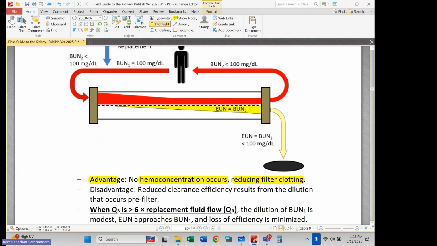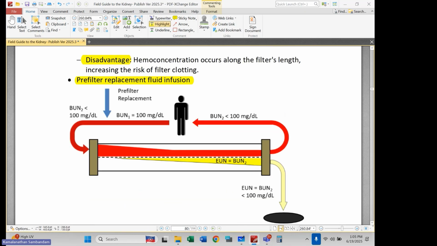One reason is that as you increase replacement fluid flow rates, whether it's pre-filter or post-filter, that has to correlate with an increase in transmembrane pressure, right? The only way to increase replacement fluid flow rates is to increase the rapidity of fluid flux across the membrane. If you don't do that, then your patient will get volume overloaded.